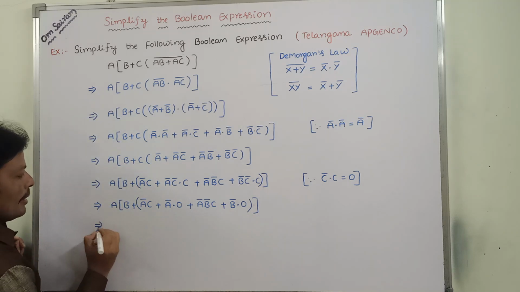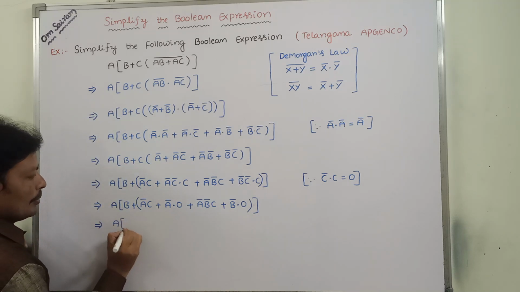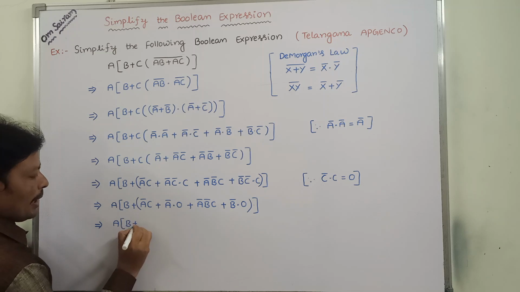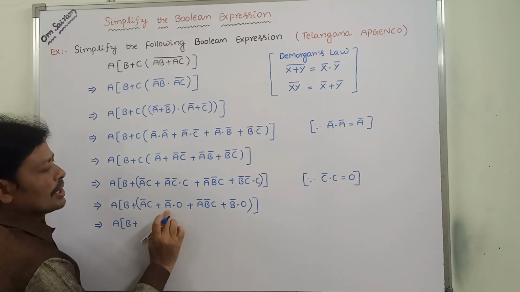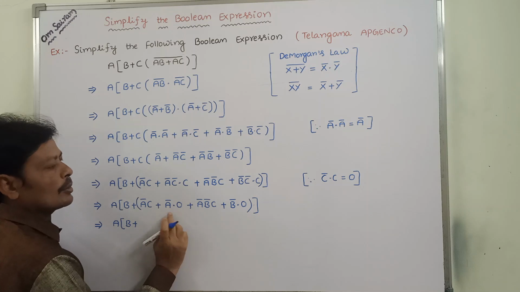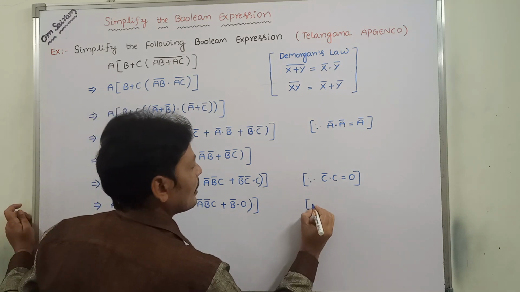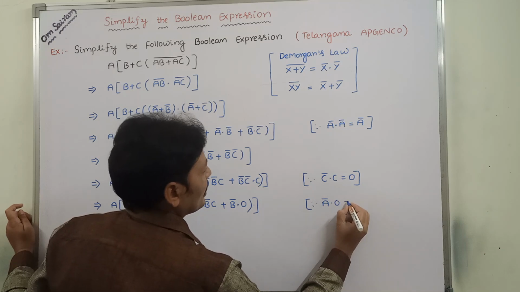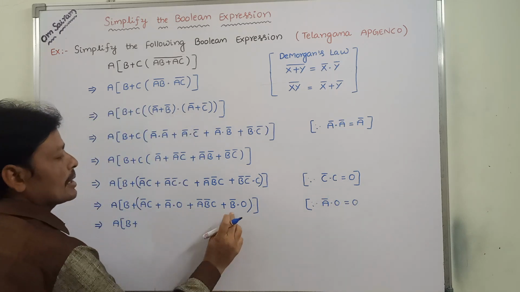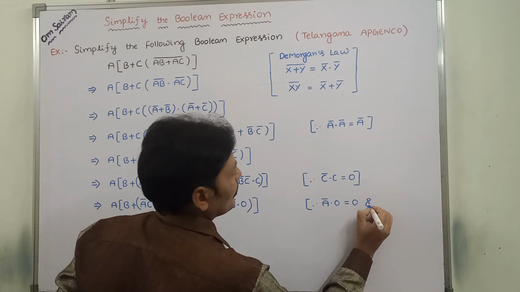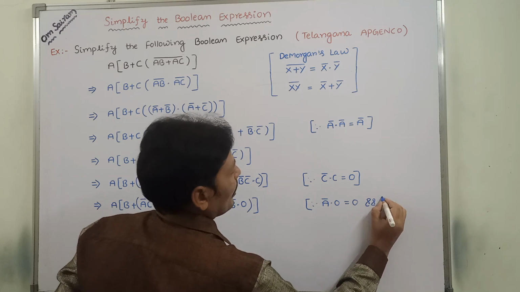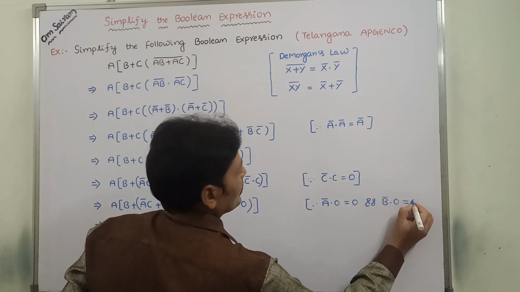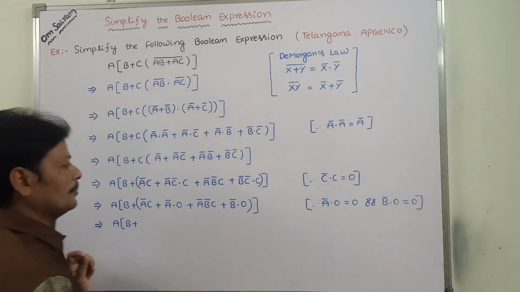Next one, A into (B plus, now this term 0, this term 0). A bar into 0 is equal to 0, next B bar into 0, that is equal to 0.